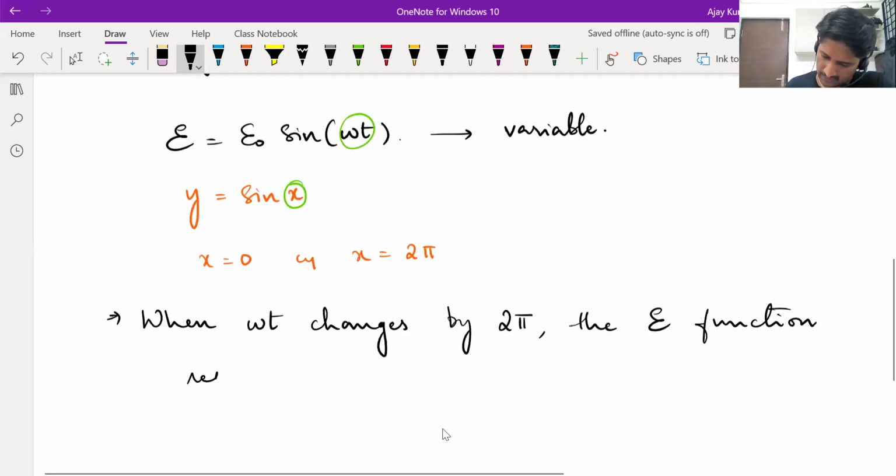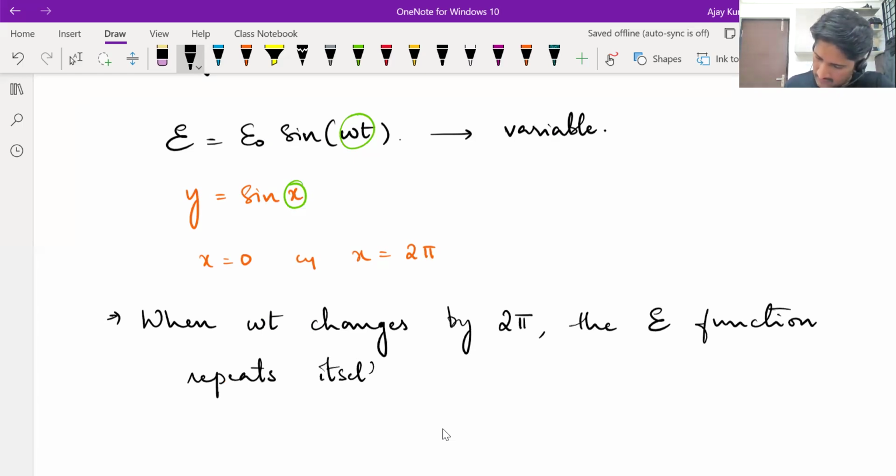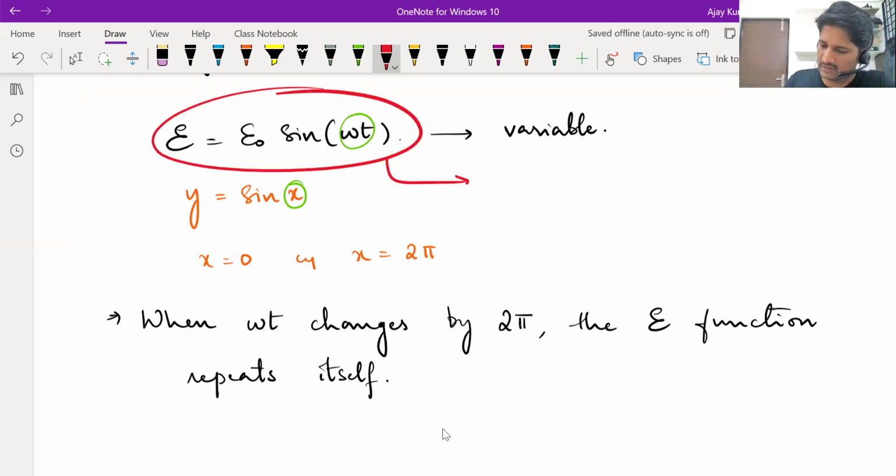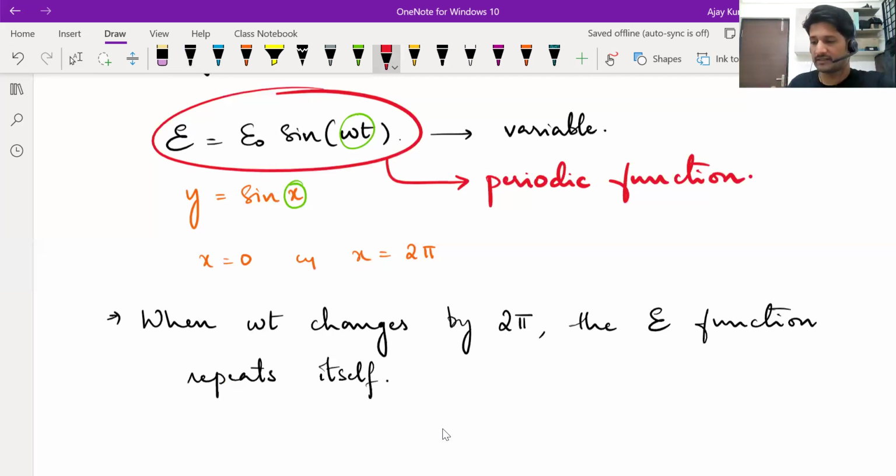Is this step clear? Yes, sir. Right. So basically, this EMF that you have here, the alternating EMF, is a periodic function. The function repeats, meaning the values of EMF will repeat.